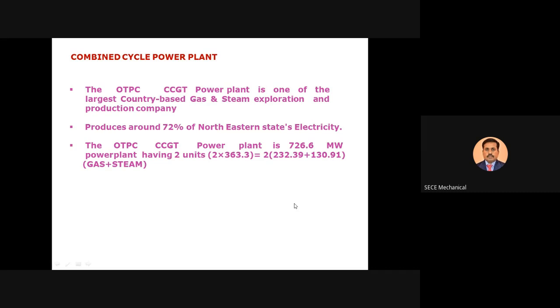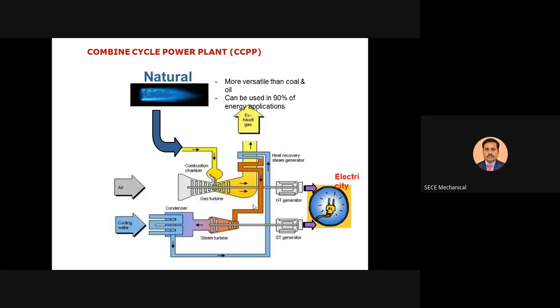The gas turbine produces 232.39 megawatt, and the steam turbine produces 130.91. The power plant has two units, so maximum it produces around 363 into 2. Likewise, the power can be produced. That is 72% of power maximum we can produce with the help of a combined cycle power plant.